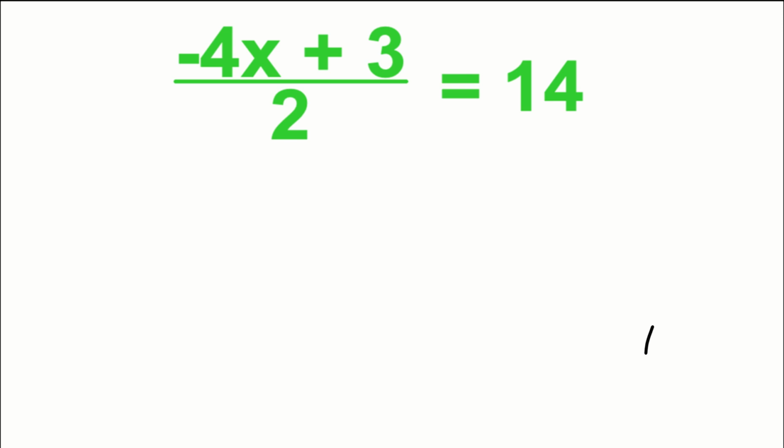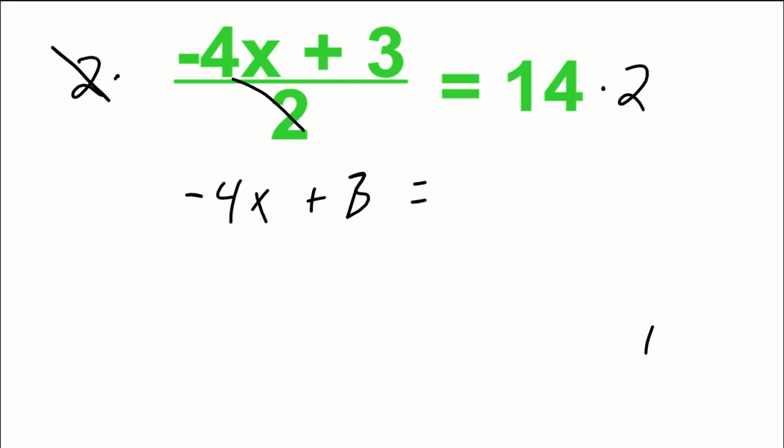All right, we got the ones that look like a fraction like this. We multiply by the denominator. So I multiply the left side by 2, it's going to cancel it out. If I do one side, I got to do the other side. So now I got negative 4x plus 3 equals 28.